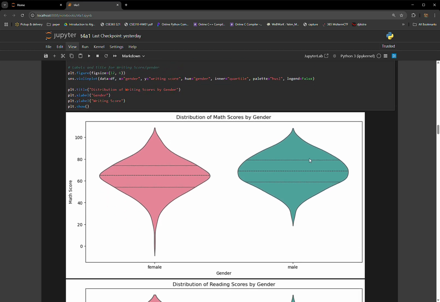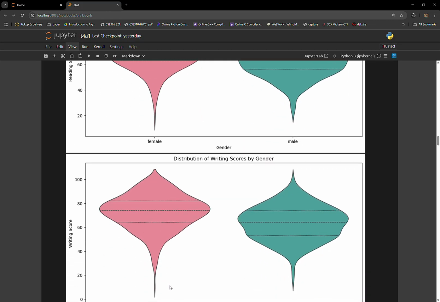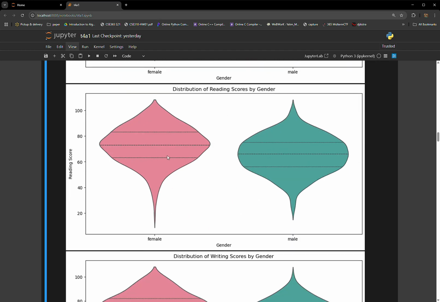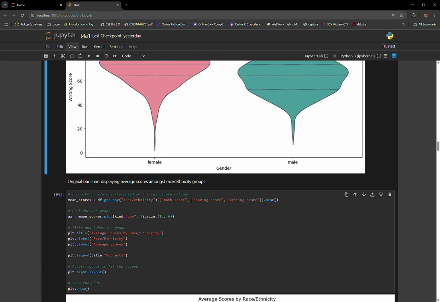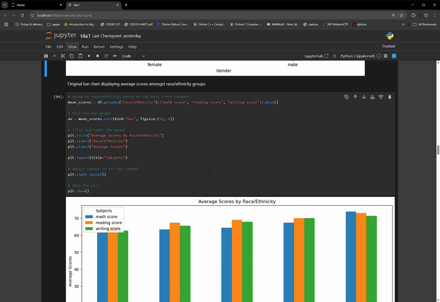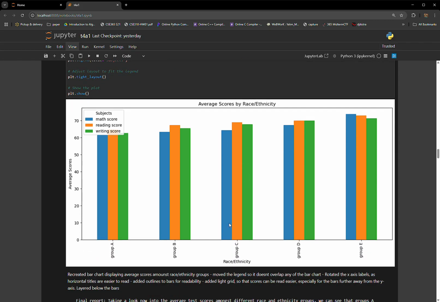Then I drew attention to the outliers, the lower test scores amongst female students in comparison to male students. I also drew attention to the fact that male students on average tend to have a higher median score compared to the females for math, but it's the reverse for the other subjects, reading and writing.